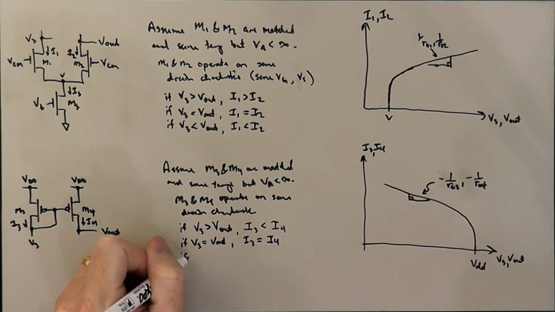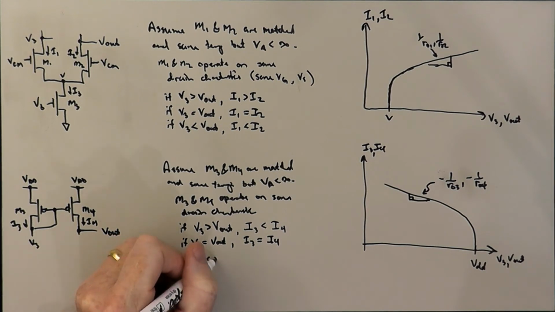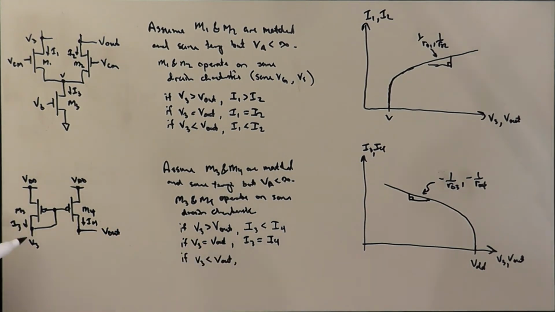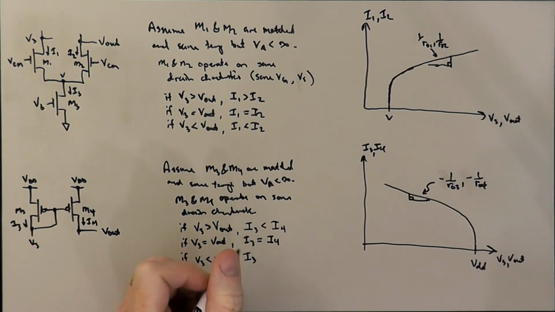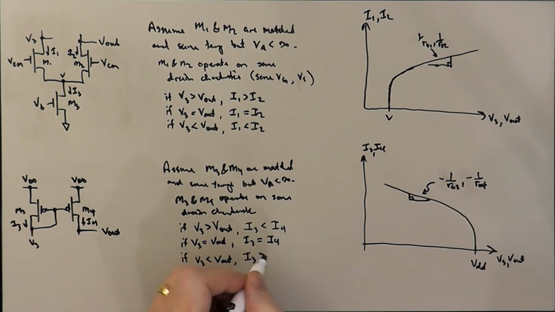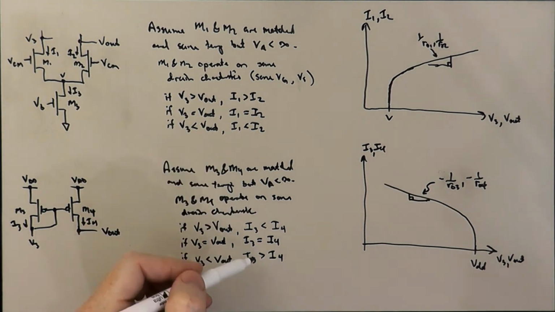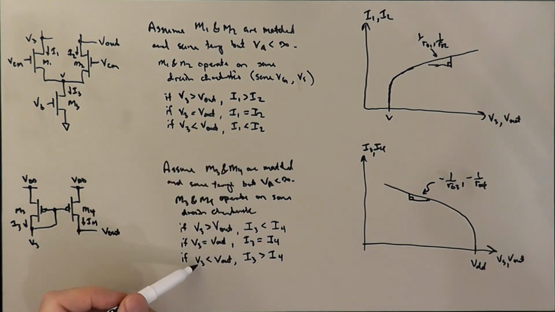And if we have V3 less than V out, well then M3 is going to be operating further into saturation because it has more voltage across it than M4. And so we have here I3 is going to be greater than I4. Again, we have the opposite sense of the inequality here in the case where we have V3 less than V out.